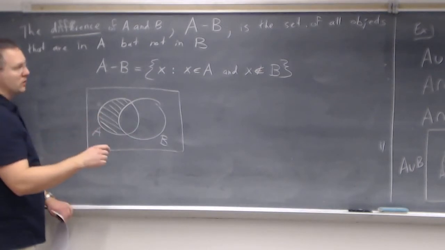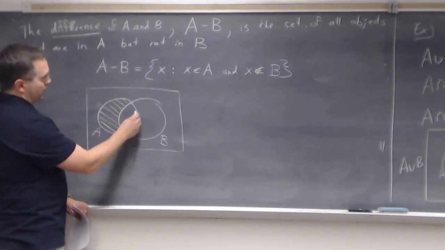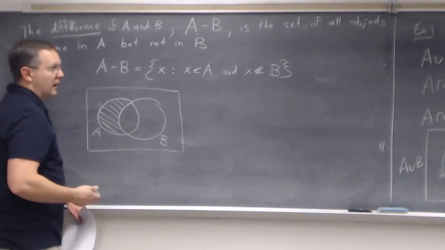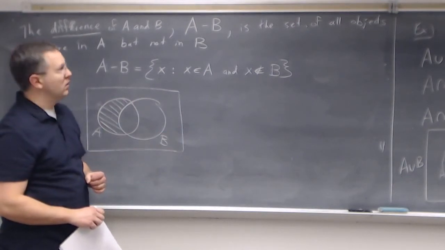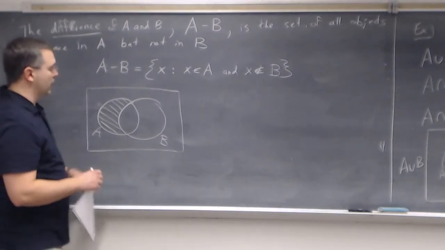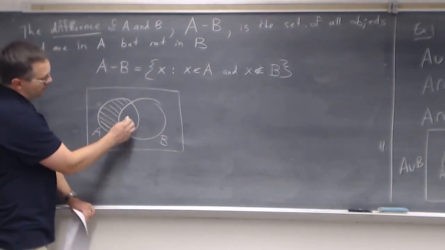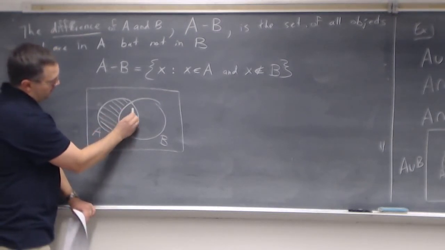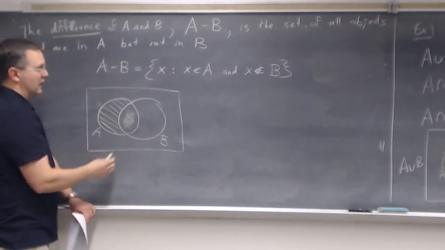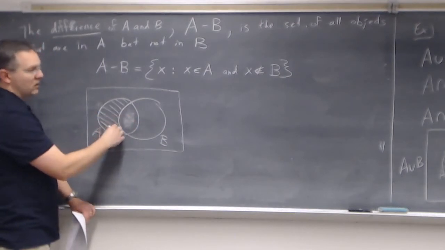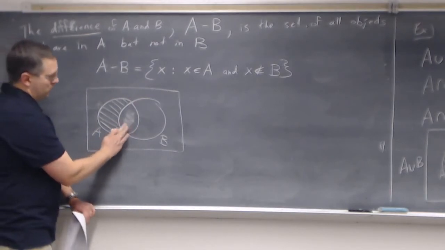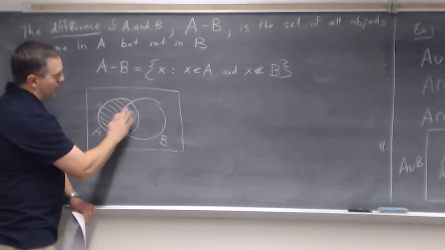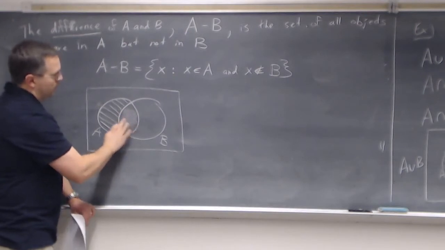And so your question was, look at this. If you took all of A and you subtract off the picture for A intersect B, what do you get? You get this, right? So this piece right here is A intersect B. We said, is this the same as A minus A intersect B? Yeah, A minus A intersect B.